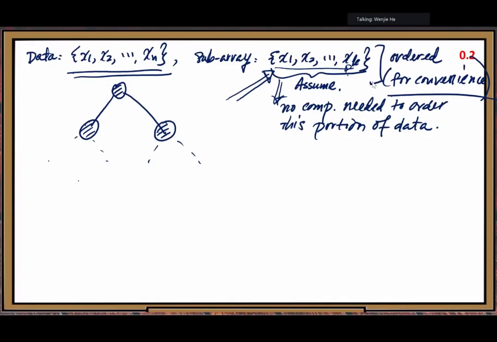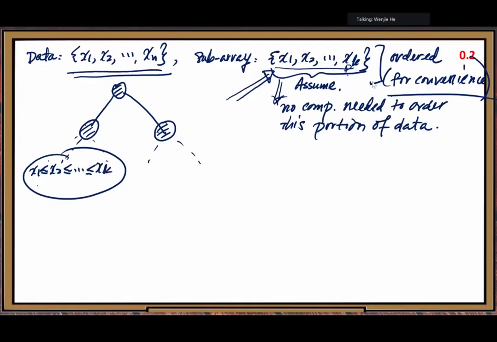So when we go down everywhere, the current known ordered information is carried from top to bottom. You can imagine in each node that x1 is less than or equal to x2, this part of the data is carried from beginning to end.